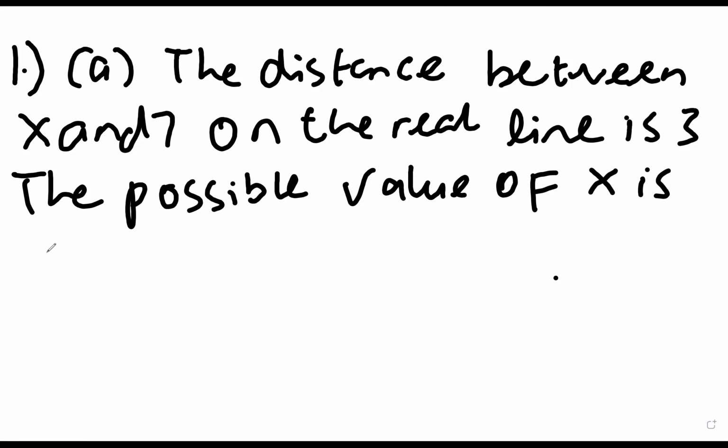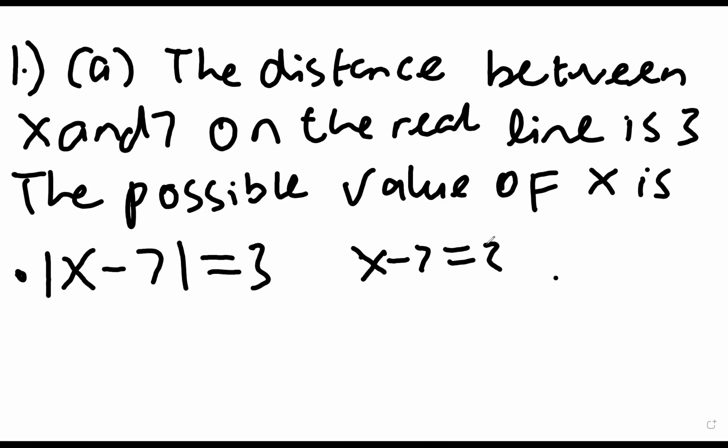So here we will do it in two ways. First, we write it as the distance between x and 7 is the absolute value of x minus 7 equals to 3. Here we know that there are two possibilities, so it is equivalent to x minus 7 equals to 3, or x minus 7 equals to minus 3.